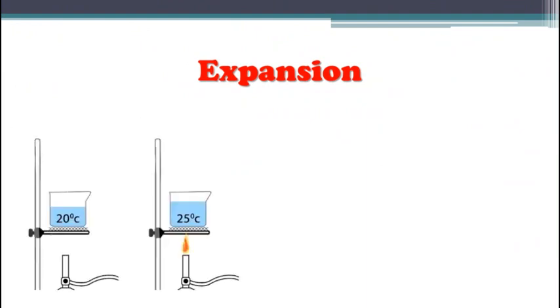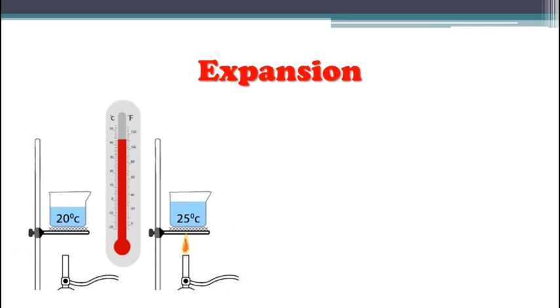So first we are going to learn about expansion. Let's see what it is. When heat is given to any substance, its temperature increases and it expands, and its expansion depends on the increase in its temperature. You can see in the picture that on heating a liquid, its temperature increases and its level or its volume also increases.